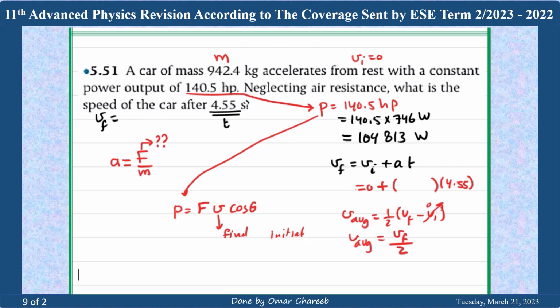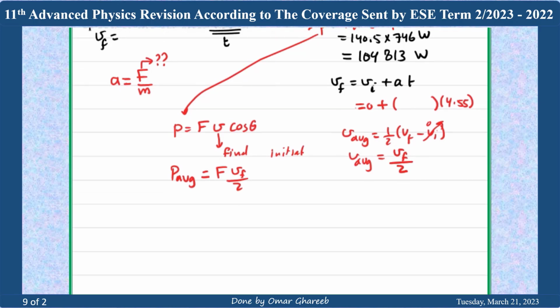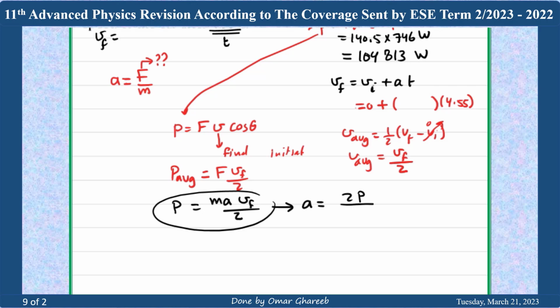So we can put it here. Power equals F times V average, which is V final over 2, times cosine theta, which is 1, because it is in the same direction of the motion. What about F equals M times A? Then I have my M, my A times V final over 2. A should be equal to 2P over M V final.